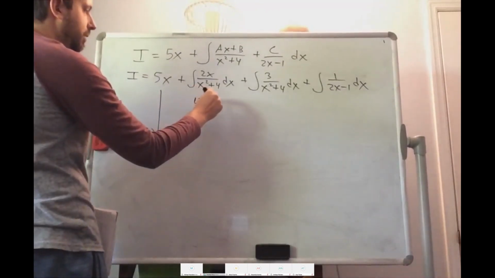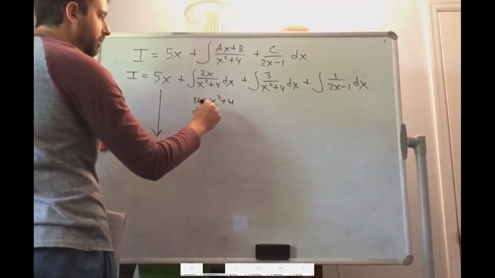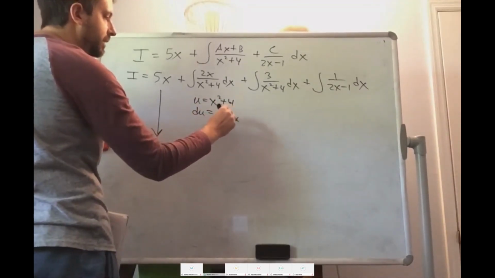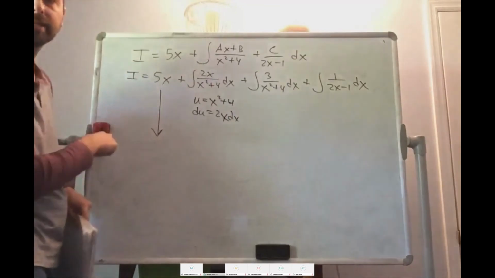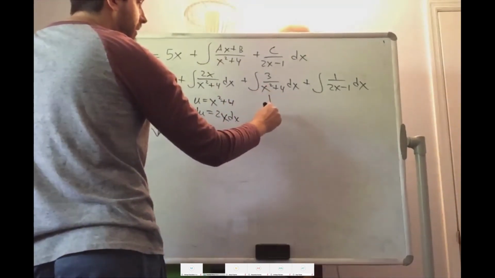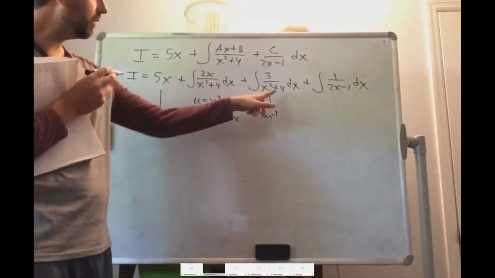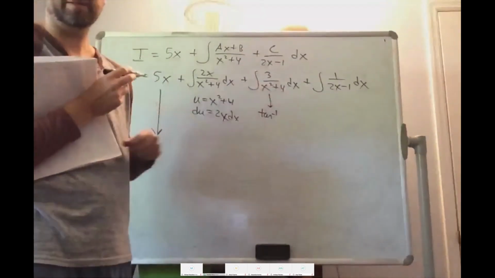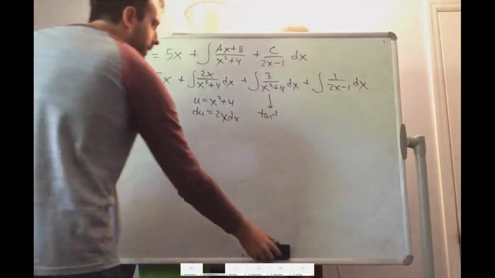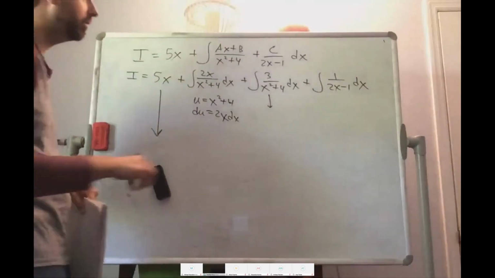This is just a simple u du, right? If u is equal to x squared plus 4, du will just be 2x dx, and a natural log comes out of this one. This one is going to be an inverse tangent. However, notice that it's not x squared plus 1, so we have to recall the generalized formula of inverse tangent.